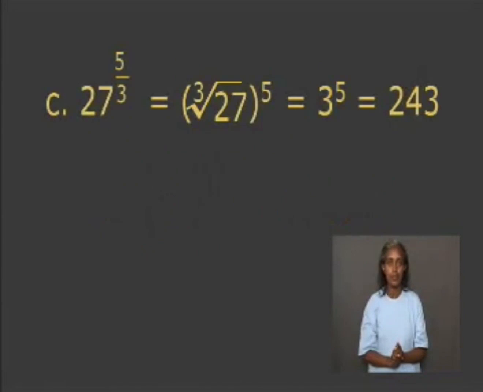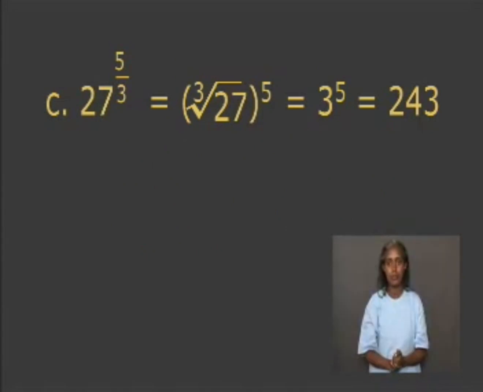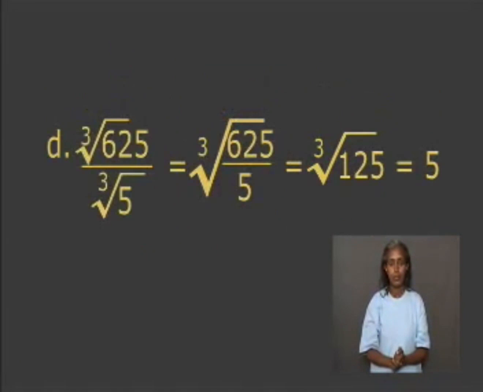The answer to C is the cube root of 27 to the power of 5, or 243. The answer to D is the cube root of 125, or 5.